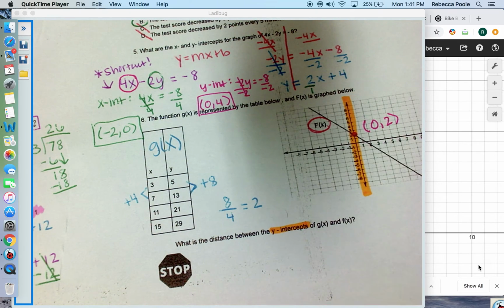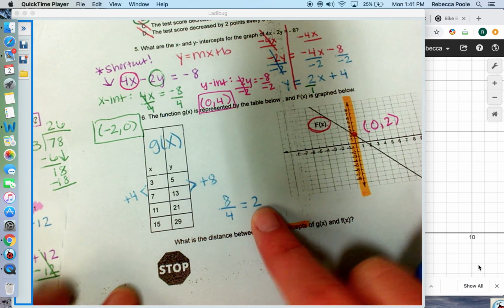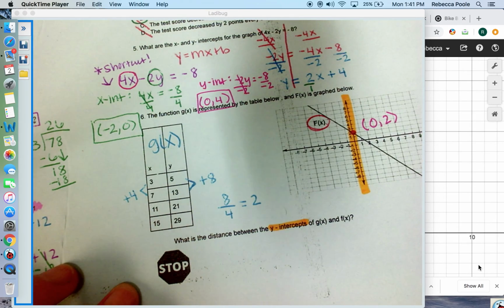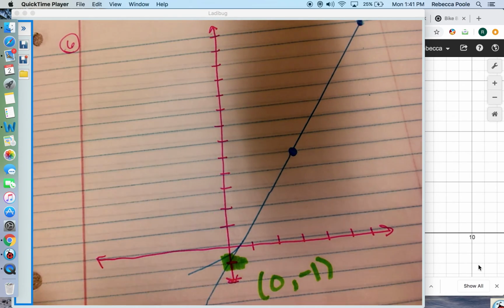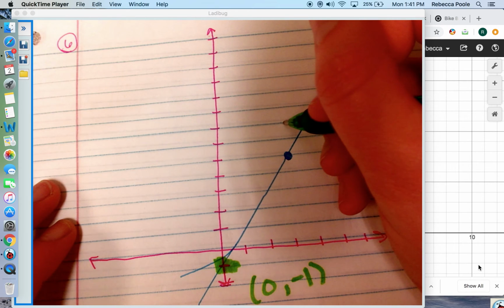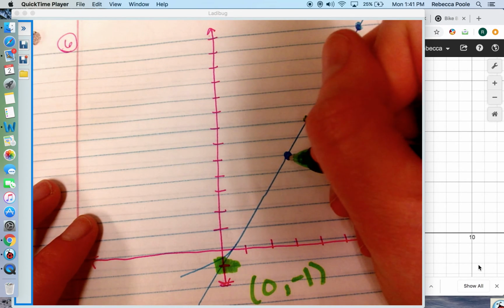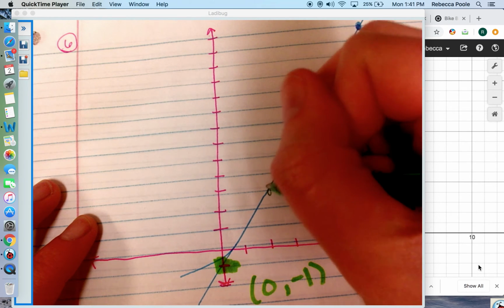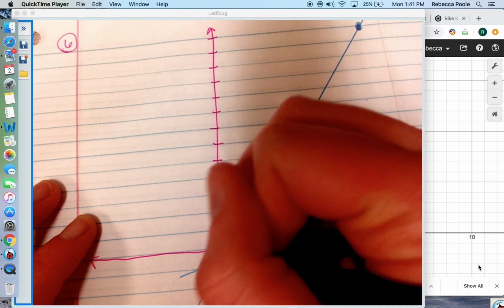So if I go back and check my graph, that means my graph should be going up 2 over 1. So let's go back and look at our graph. So this goes up 2 over 1. That looks good. And if we're working backwards, that means we can go down 2, left 1, down 2, left 1, down 2, left 1.